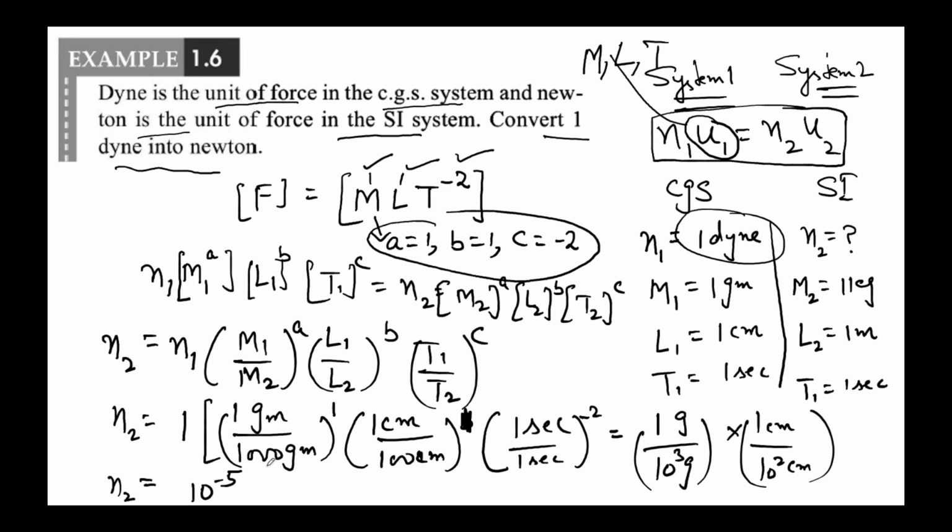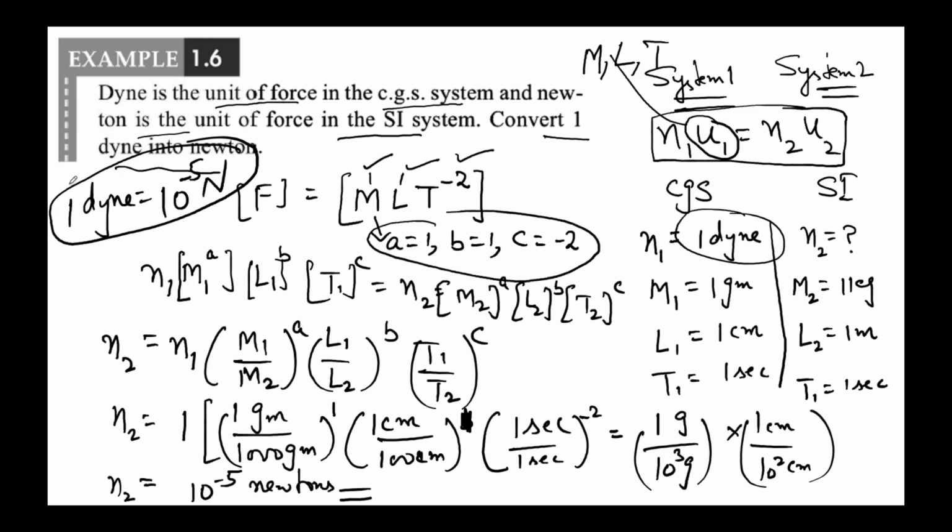It means that it is equal to 1 into 10 raised to power minus 5 newtons. So from here we can write that 1 dyne is equal to 10 raised to power minus 5 newton. This is how, using the principle of homogeneity and the dimensional analysis formula, you can convert one system of unit into another system of unit.